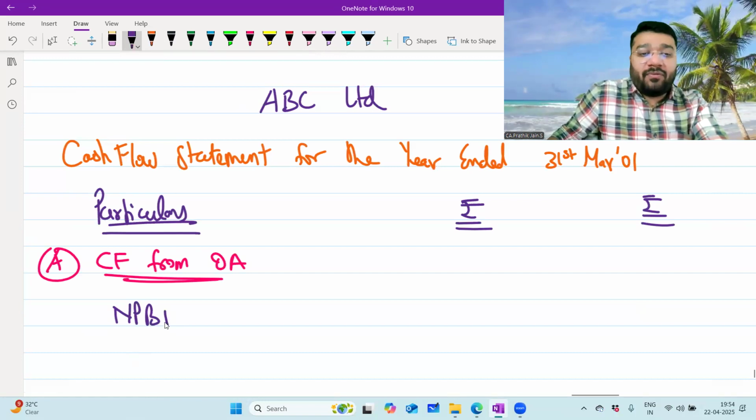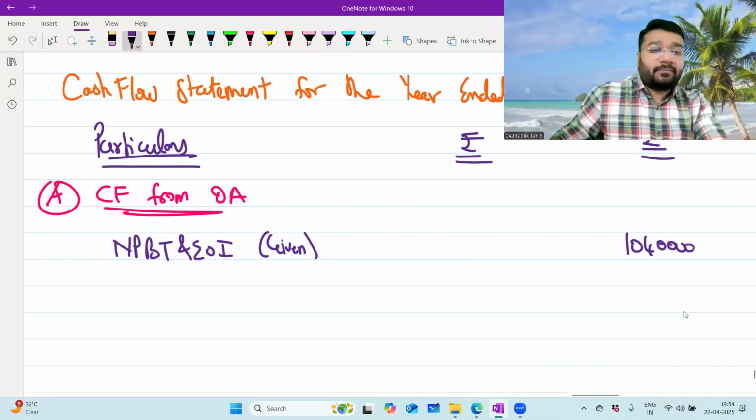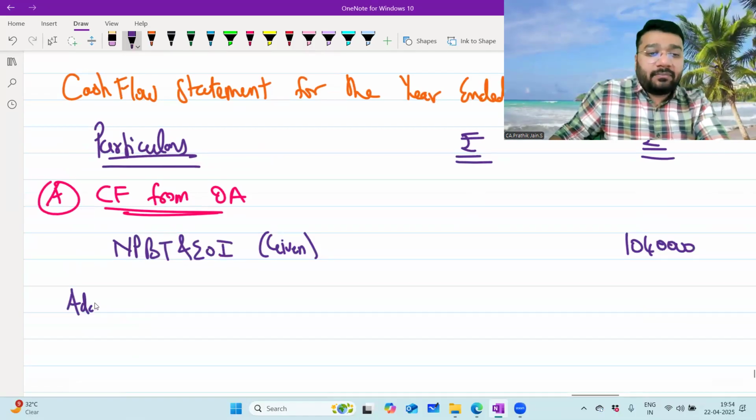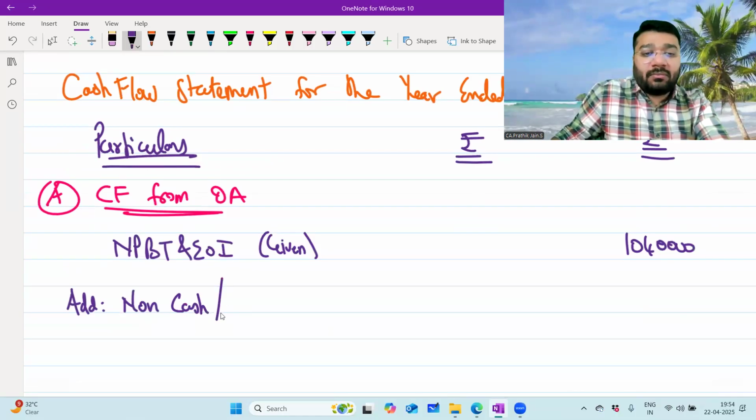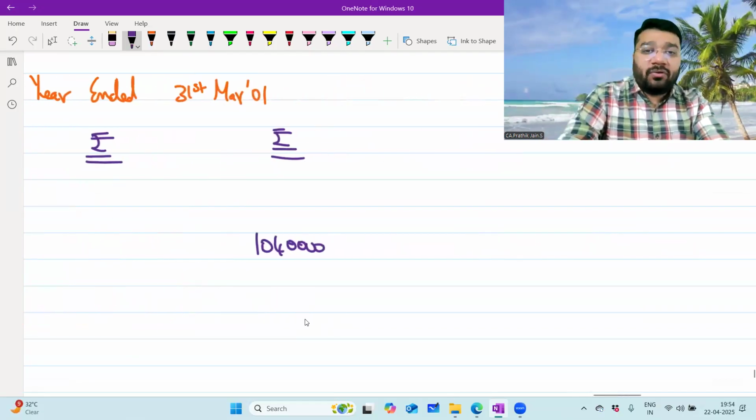Net profit before tax and extraordinary item, already given in the question, 10,40,000 in the outer column. Add non-cash and non-operating expenses. So we have to first open the ledger.